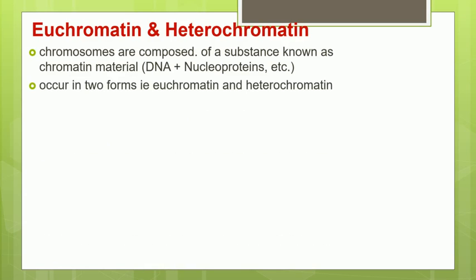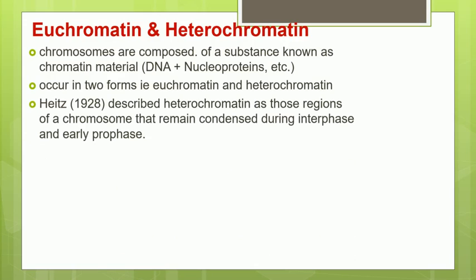Now these chromosomes can occur in two forms, that is euchromatin and heterochromatin. It was the scientist Heitz, in the year 1928, who described these heterochromatin structures, and he said that heterochromatin are those regions of the chromosome that remain condensed during interphase and the early prophase of cell division.